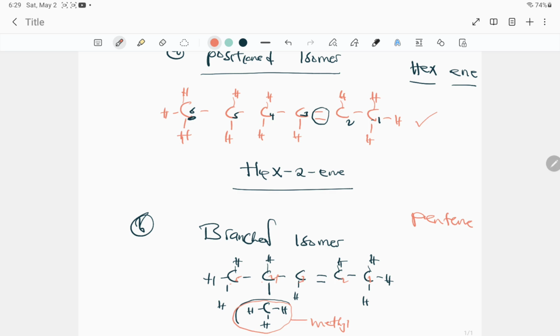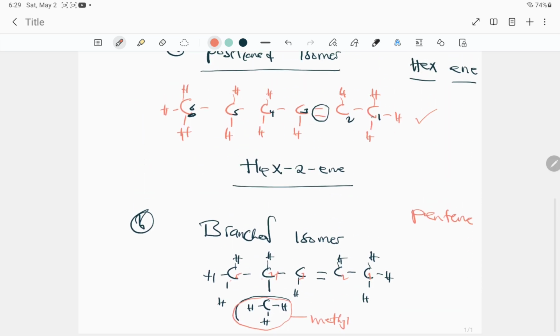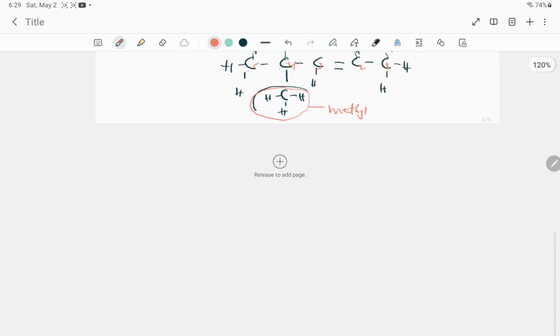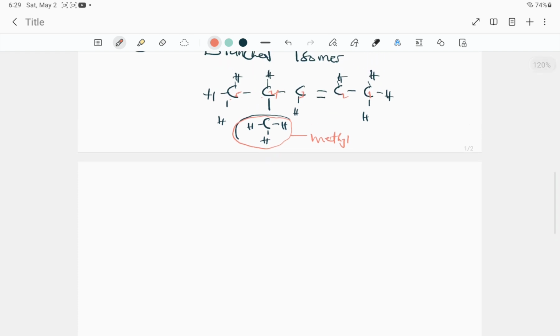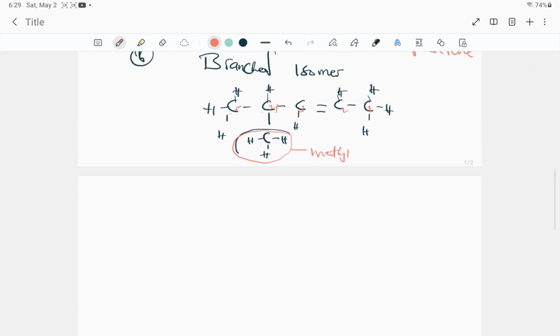So to write the full name, since we know the methyl group and the position where it is being held, we'll say 4-methyl. Then the parent name is pentene.